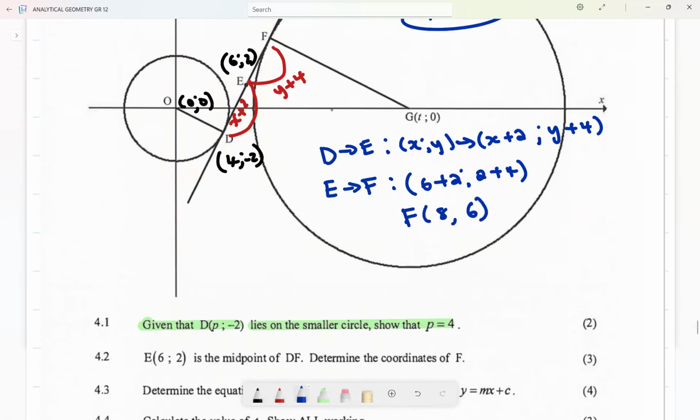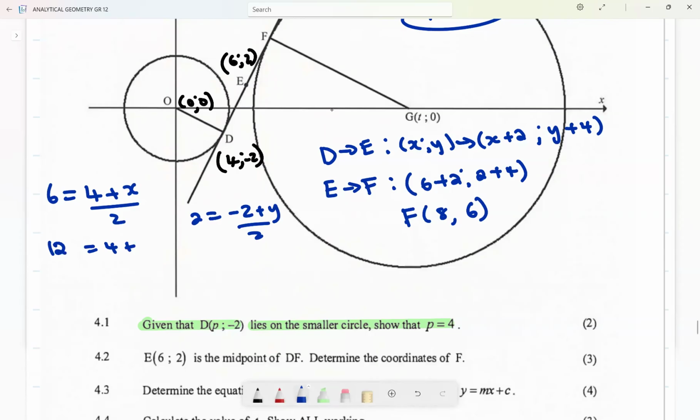Or you can use the midpoint: the coordinates of E are 6 and 2, and it is the midpoint, so the X is made up by 4 plus X divided by 2, and the Y is made up by -2 plus Y divided by 2. So 12 is equal to 4 plus X, and X is equal to 8.